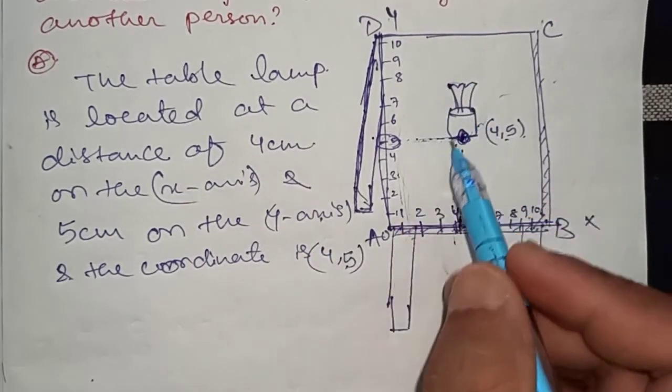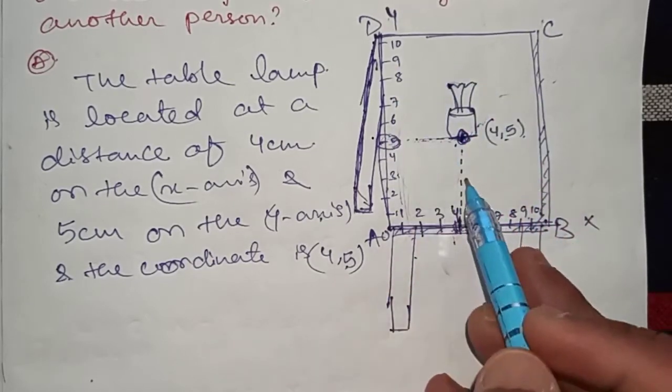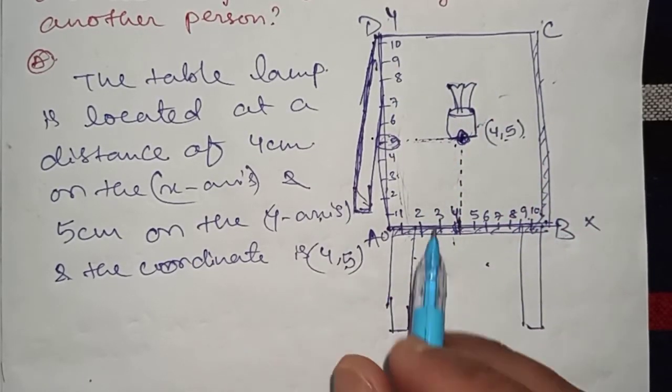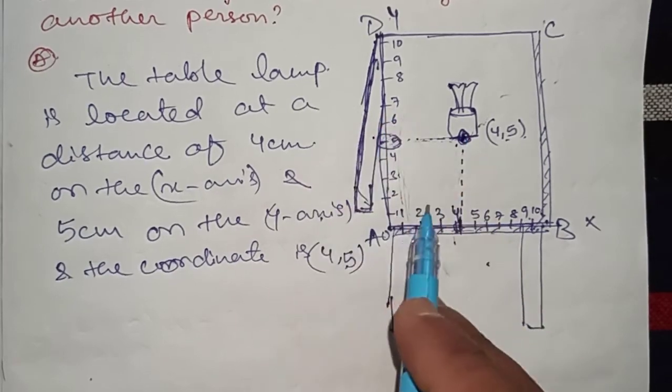So the coordinate of the table lamp is 4 comma 5 on the table. So easily anybody can identify where the table lamp is located on the table.